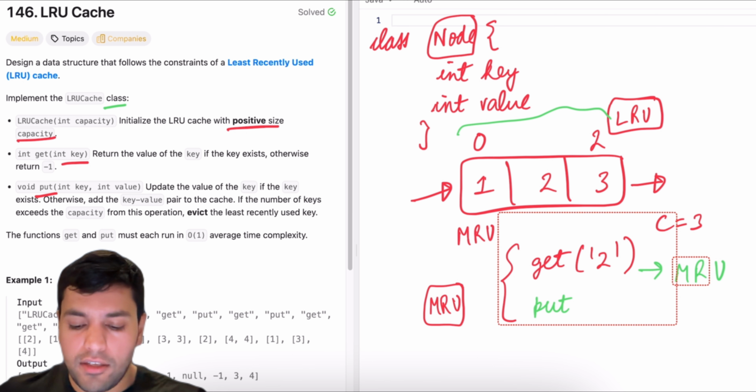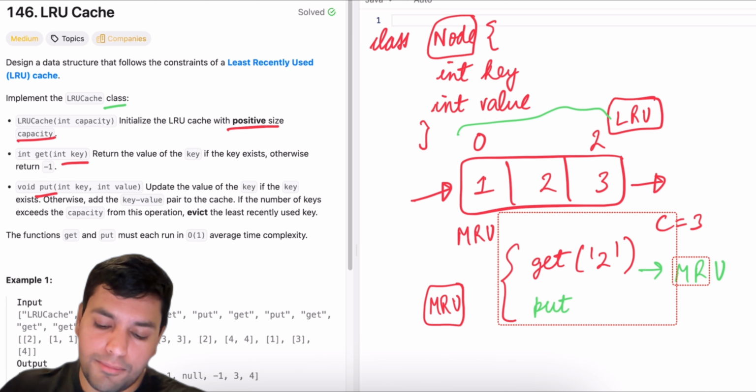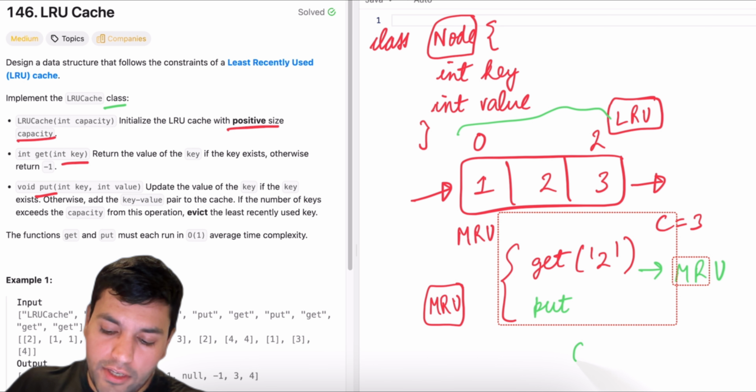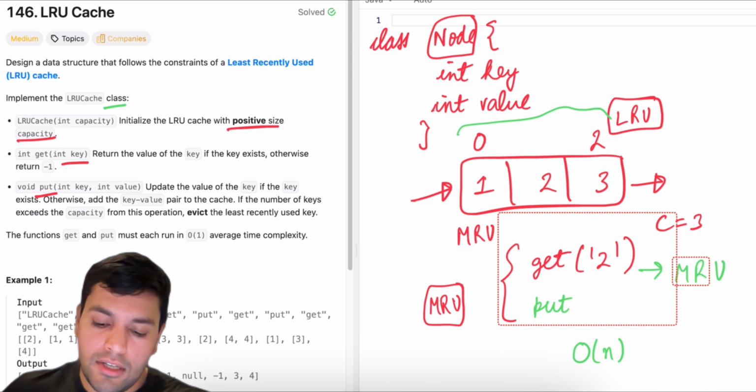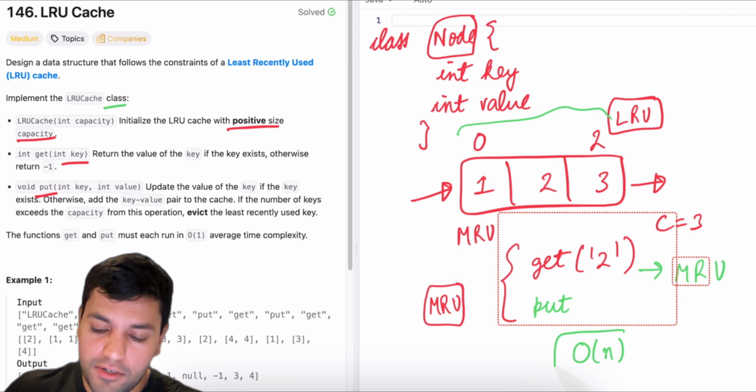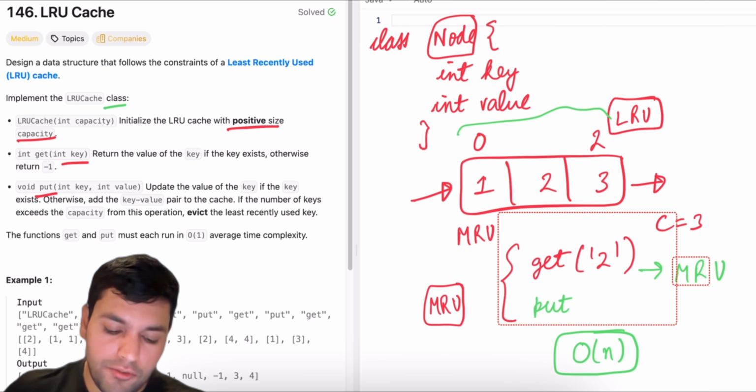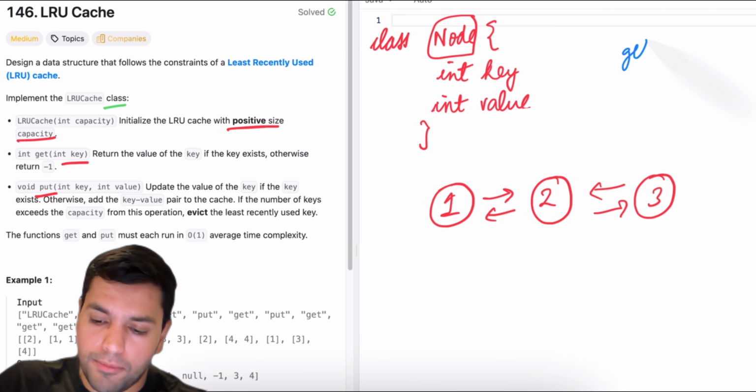So in case of an array, if we simply use an array, then the problem is it's going to take O of n time in reordering elements. And if we have a singly linked list in place of an array, then also it's going to be O of n time in reordering elements, and we have to implement our get and put operations in O of 1 time. We need to implement our get and put operations in constant time complexity.